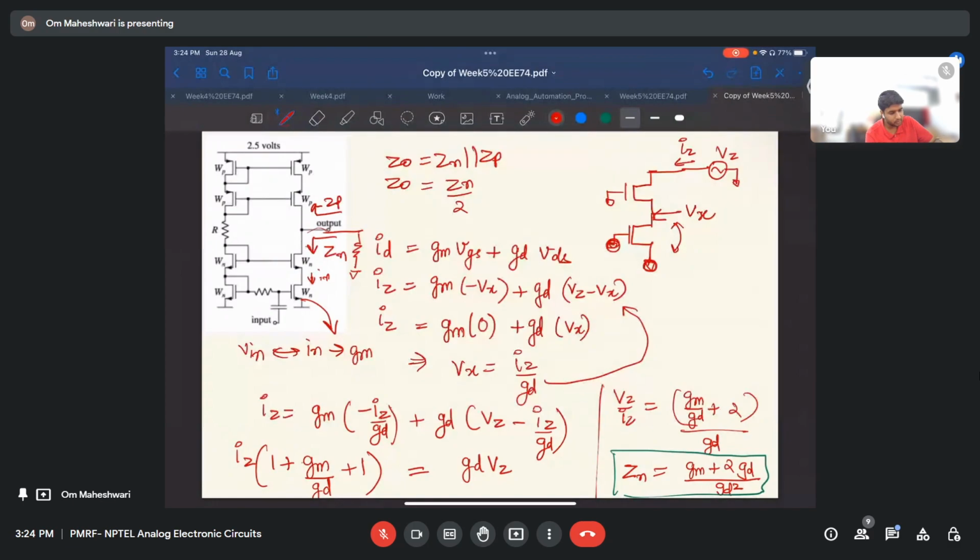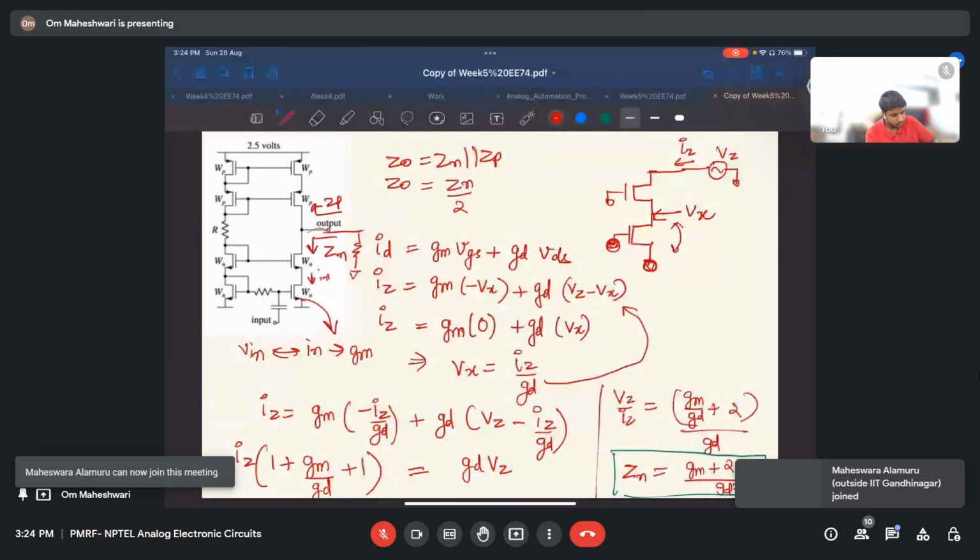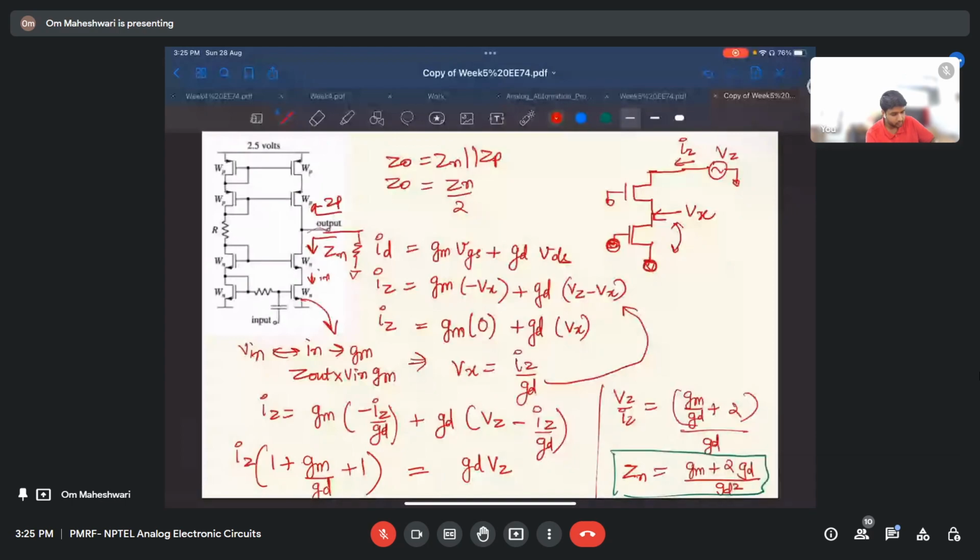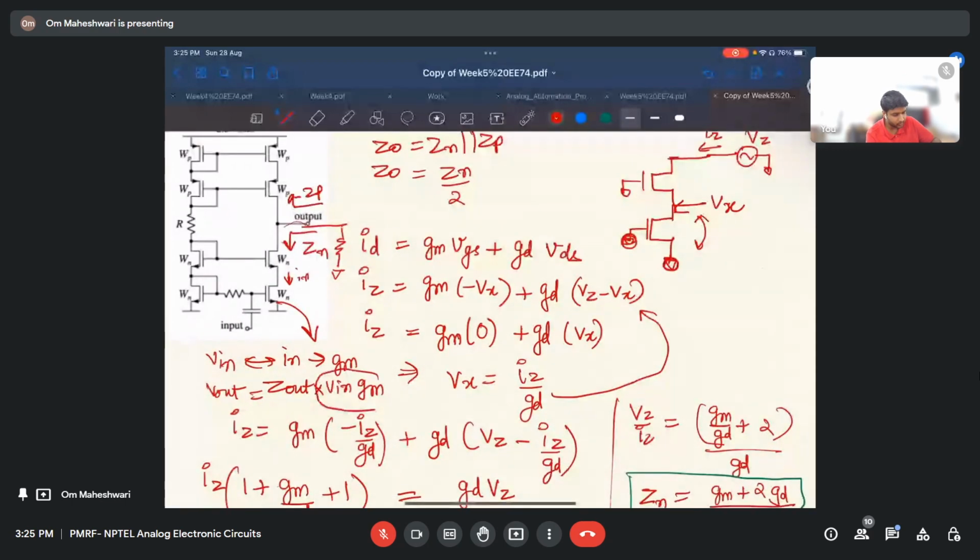So here, what is the total voltage drop across this load? It will be V in into GM into Z out, right? V in into GM is the current, and Z out is the impedance at this node.